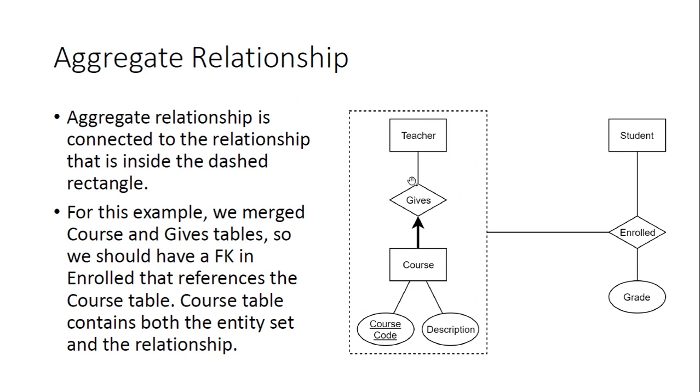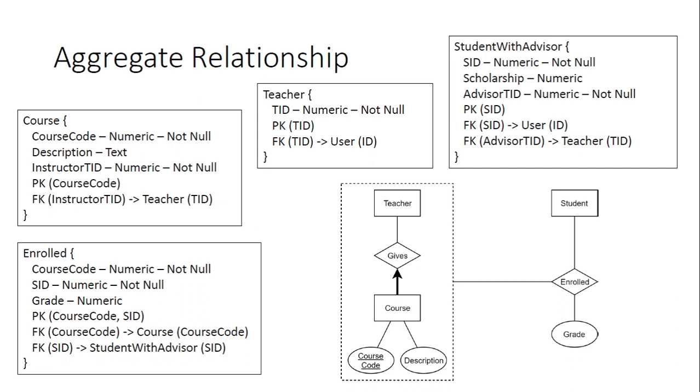Gives is connected to teacher and course entities. But remember, we decided to merge these two tables together. So actually, enrolled should be referring to the gives relationship, but the gives relationship is contained inside the table called course. Since we merged them, we are going to refer to that merged new table. These two are for teacher and student with advisor. These are the same tables.